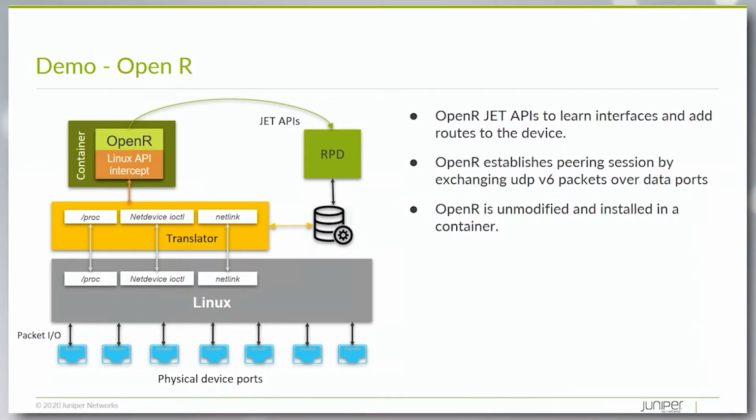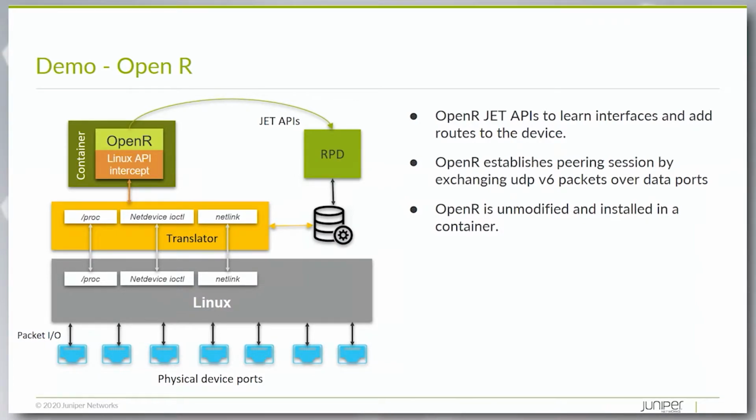For the interface discovery, as you can see, OpenR is using the JET API service to talk to RPD. JET API service is already present on the Junos Evolved router, and it is gRPC based and provides RPC services to the third-party applications. Once it learns the interfaces through the JET APIs from RPD, it knows on which interfaces it has to run the hello protocol.